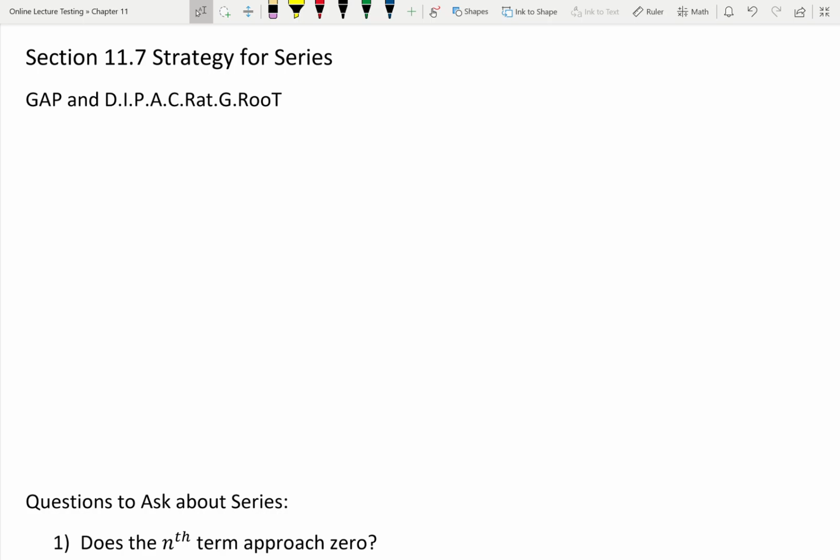All right. So once we have that, the cool thing is that the integral test allows us to talk about specific convergence or divergence. Once we meet those conditions, we can talk about specifically whether it is convergent or divergent.